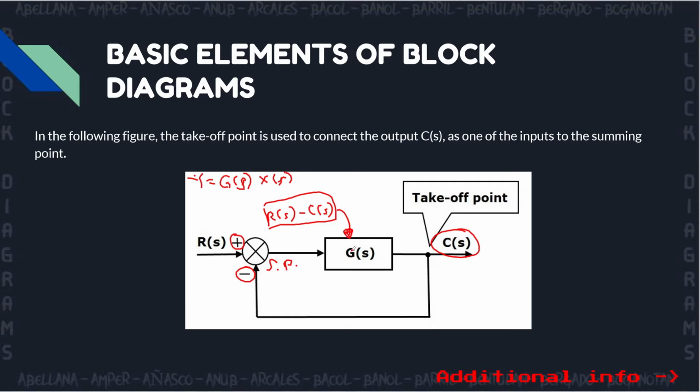The output would be G of S times the quantity R of S minus C of S. Okay, so just remember the operations for the summing point and this formula in determining the output, and you'll be good to go in solving basic block diagrams.